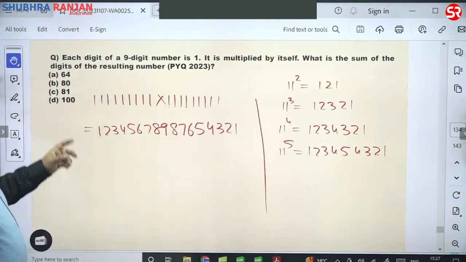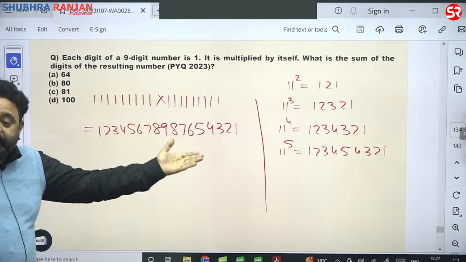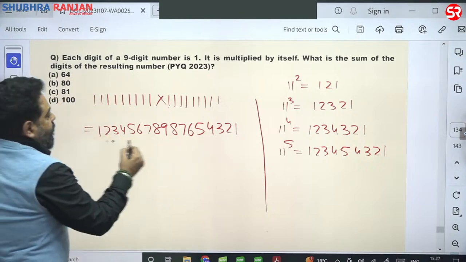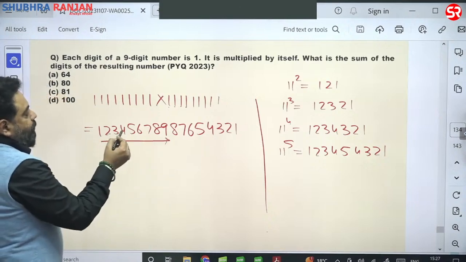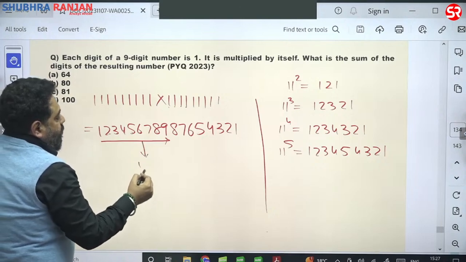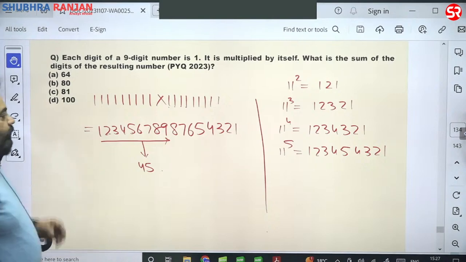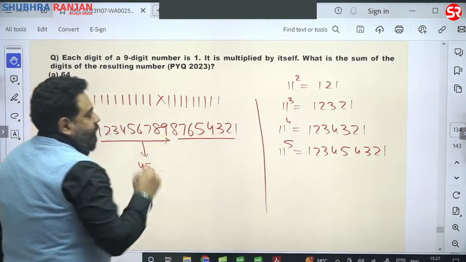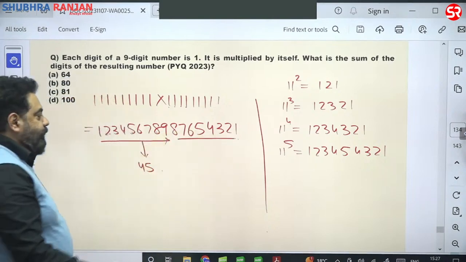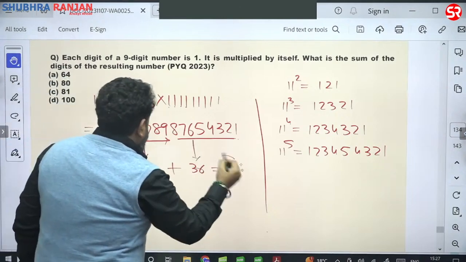And then he says, what is the sum of the digits of the resulting number? Now you have to add these numbers. 1 plus 2 plus 3 plus 4 plus 5 plus 6 plus 7 plus 8 plus 9 is 45. Addition of the first 8 numbers is 36. 81 is your answer.